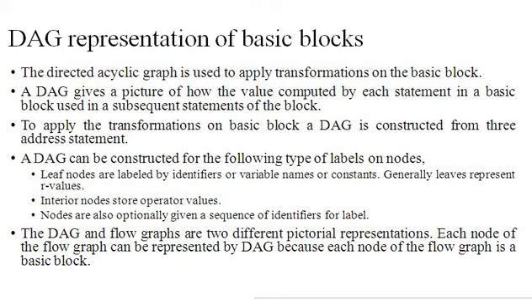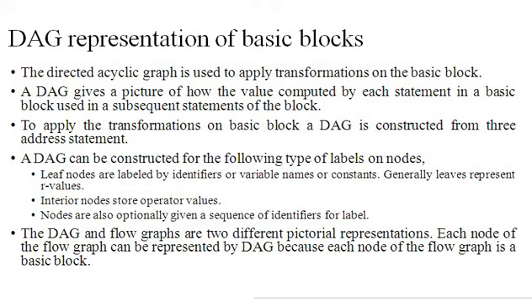So the 3 address code for this code is sum is equal to 0 and i is equal to 0. These 2 initializations go into block B1. Then the rest of the process goes into block B2.